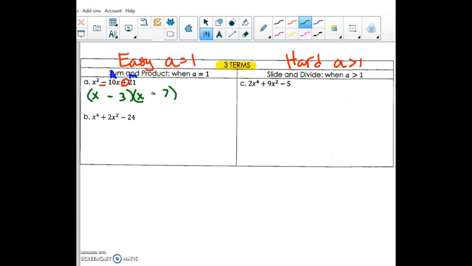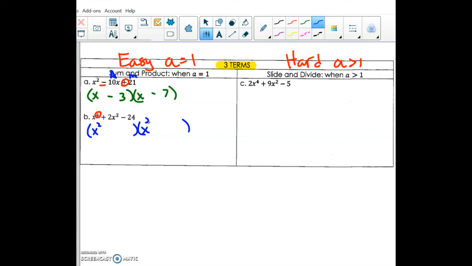As we progress down to the B problem, the only difference is that now we have a higher degree polynomial. So when we get started setting this polynomial up, in the answer, instead of having just an x, you have x squared. And then the rest of the problem is done exactly the way the A problem was done.